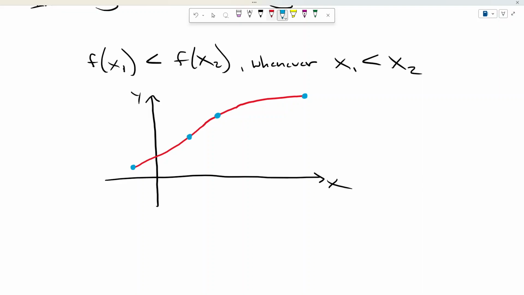And then the whole function, the whole line here, this is when I was talking about increasing on an interval I, by that I just mean the actual function itself here. So from one endpoint to the other is all that is saying.